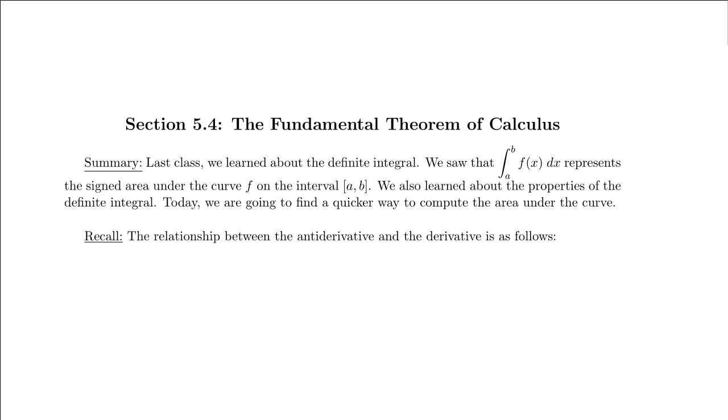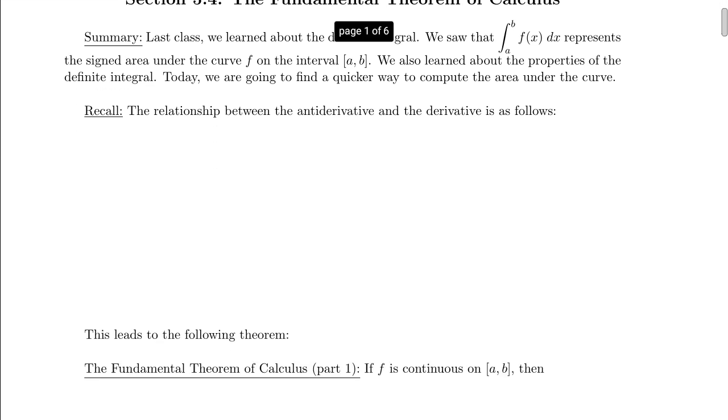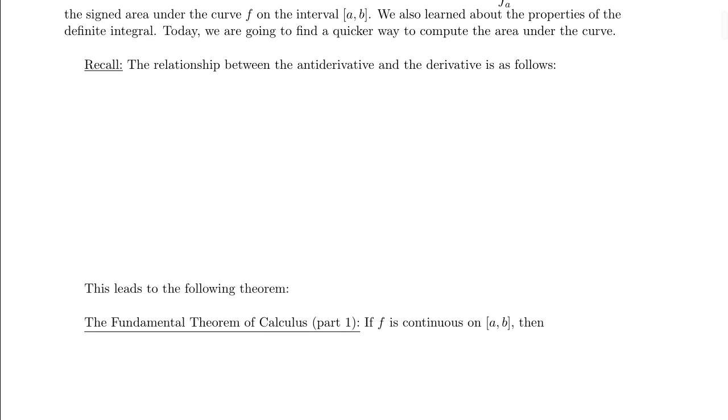Okay, so let's just give ourselves a reminder here. So our relationship between the antiderivative and the derivative is as follows. So if capital F of x is our antiderivative of little f of x, and so remember the notation that we use for this is also an integral notation, but it's an integral without bounds, so we call this the indefinite integral.